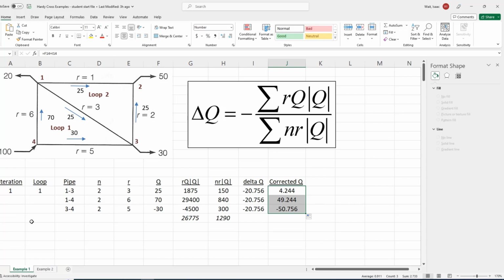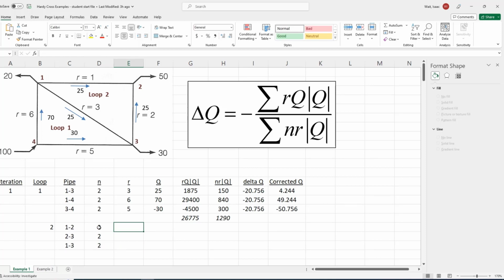Because next, we're still in our first iteration, but we're going to analyze loop 2. Okay, so in loop 2, we've got pipe 1-2, pipe 2-3 and pipe 1-3. Those are our 3 pipes. We can enter in the n values, which are just 2 for all of them, and transcribe the r values.